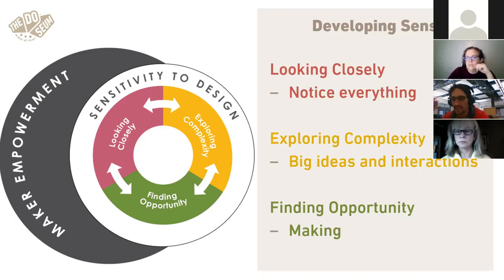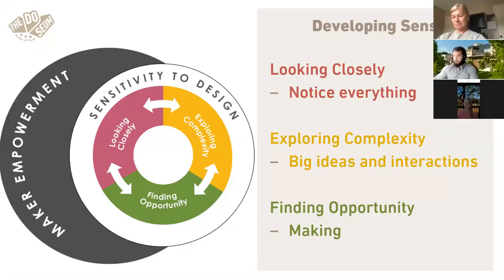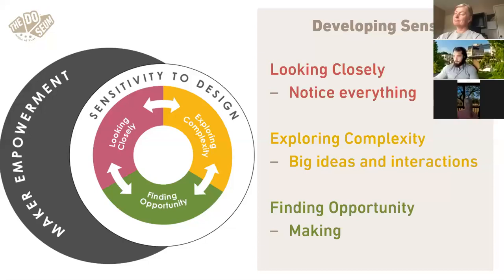Exploring complexity is then going a bit further and starting to think about how those different parts and purposes interact with each other. Who are the people involved in this system or this object? And then finding opportunity is thinking about how the individual, the learner, can become involved in that design process.